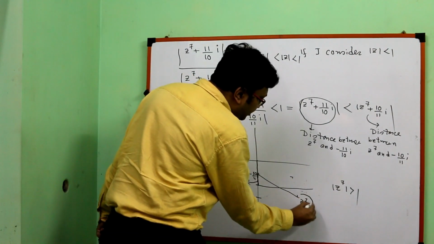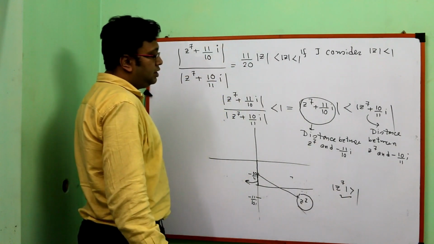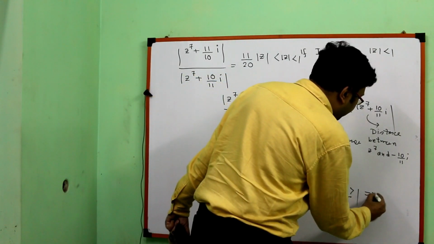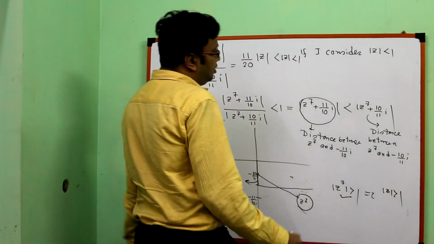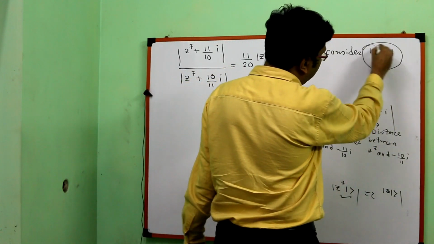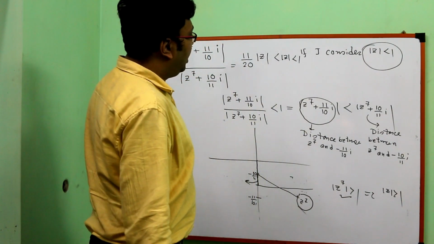Therefore it is more than 1, and when mod z to the power 7 is more than 1, then definitely that implies mod z more than 1. So our assumption is wrong, which is mod z less than 1. So definitely mod z more than 1.